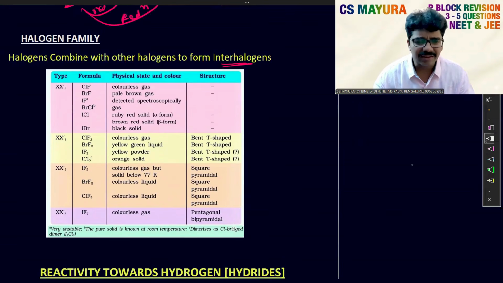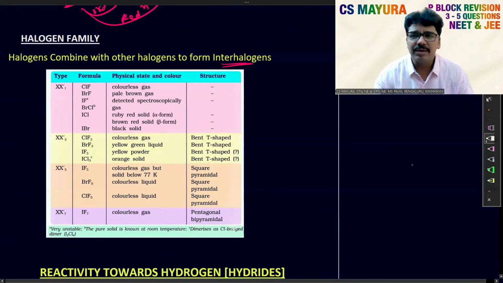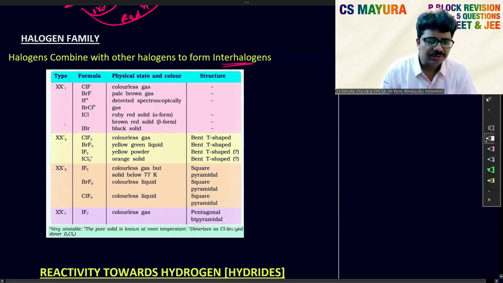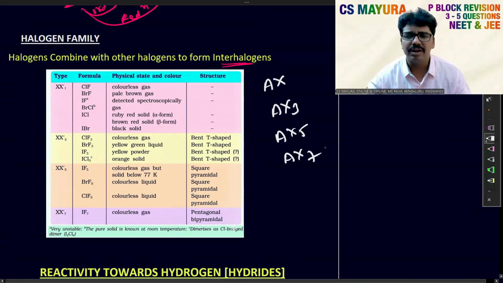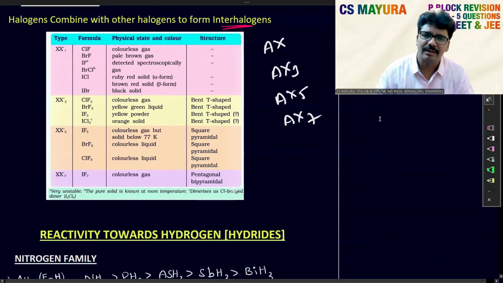Physical state and colors are not required, but the hybridization and geometry are enough. So we have 4 types of interhalogens: AX, AX3, AX5 and AX7.